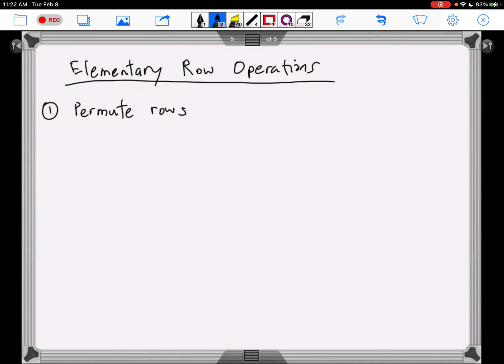Okay, so what is the notation? It's Pij. This just means permute rows i and j. So this means that row i and row j get switched.